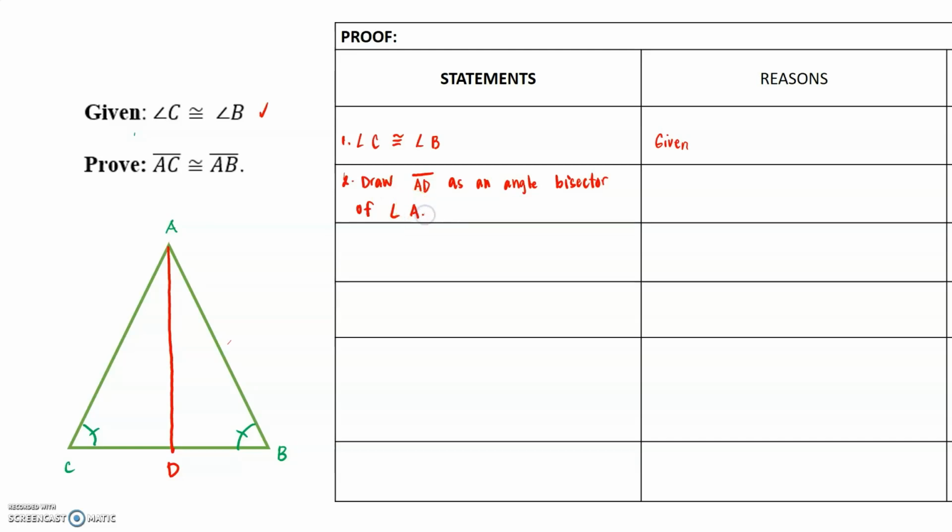Okay? And our reason for that: every angle has exactly one bisector.